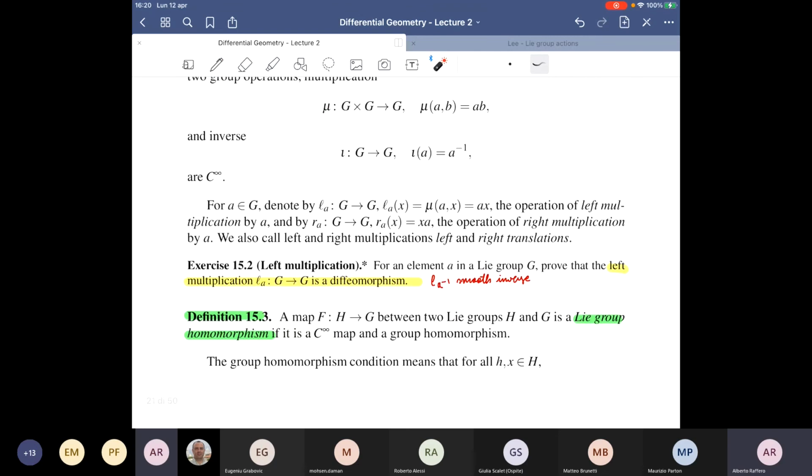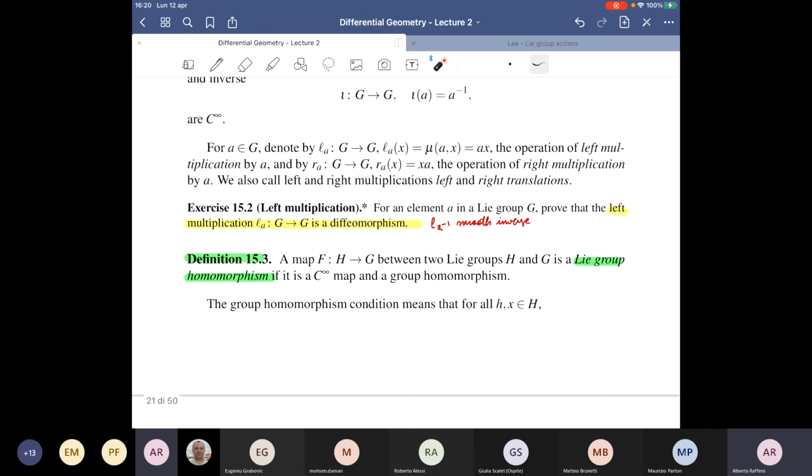So we have these special diffeomorphisms of our manifold, of our Lie group, and of course we can also consider in this setting the notion of a homomorphism of groups, but between Lie groups. I recalled before the definition of a homomorphism between groups.